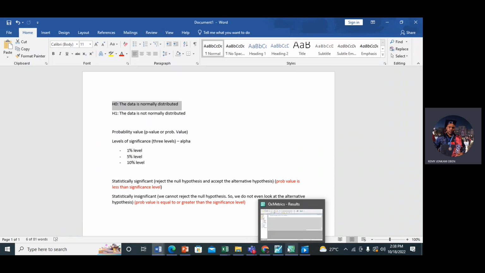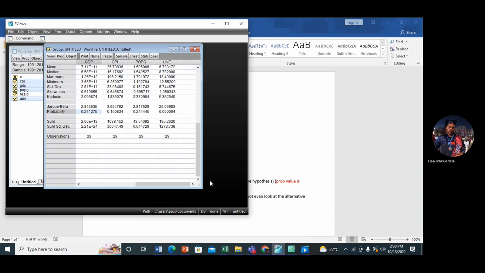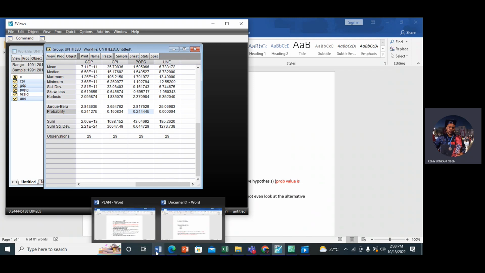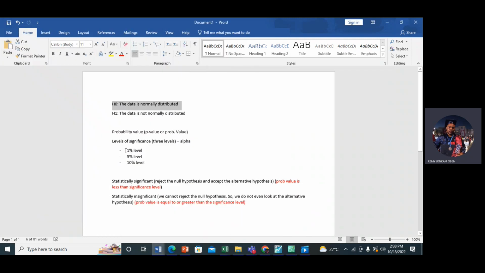Okay, let's check the probability value for CPI. You see that it is 16%, and here for population growth it is 24%. 16% and 24%, both of them are greater than all these 3 significance levels. And since the probability values are greater than the significance level, it is statistically insignificant.